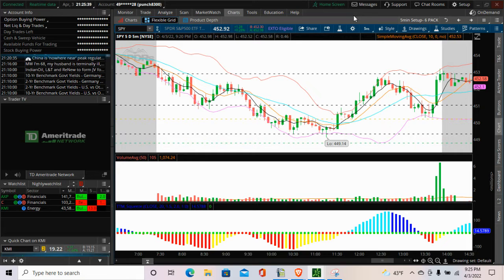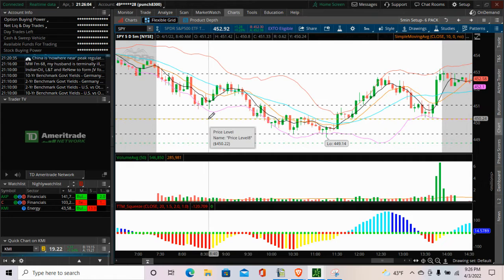So I'll go through the 5 minute chart, because that's what I mainly trade off of. If I go into my settings here, you can see I've got the TTM squeeze set up, volume average, and then all these lines on here are key resistance and support levels.